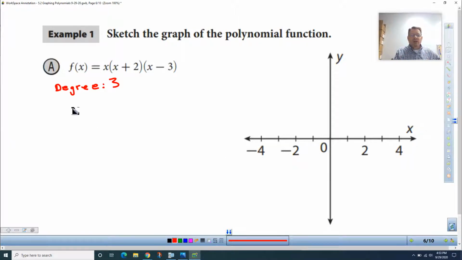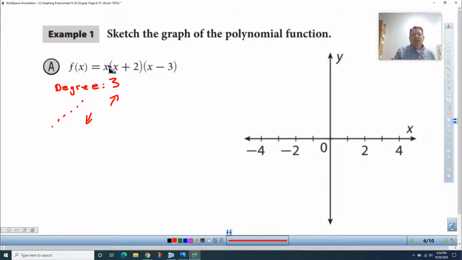And since it's odd and it's positive in front, it's going to go kind of like that. So it's going to do something in the middle, then go up like that. That's the first thing we need to figure out: what our end behaviors are going to do. What's going to happen at the ends.